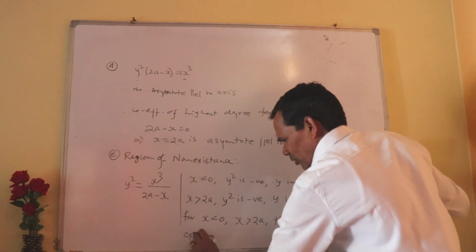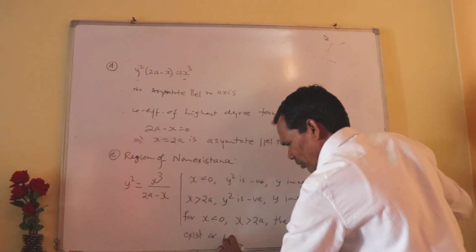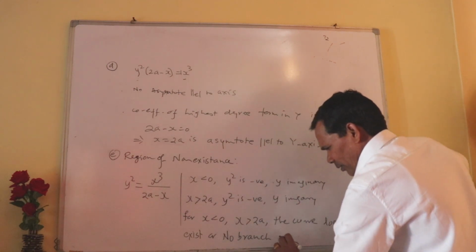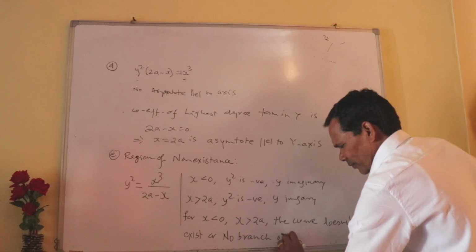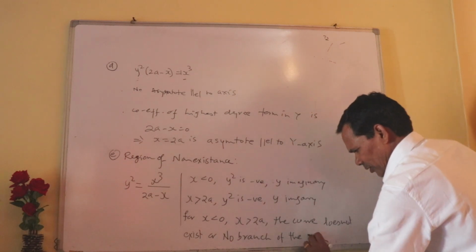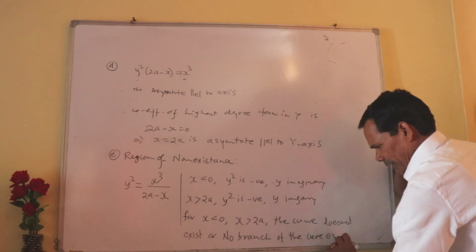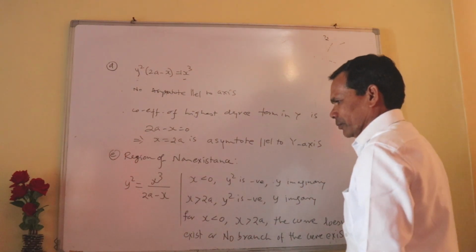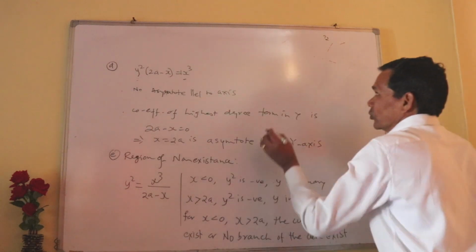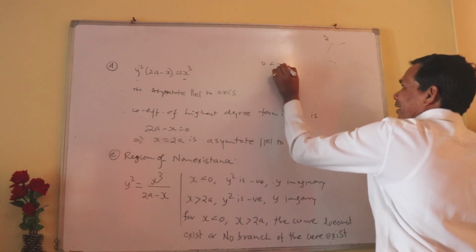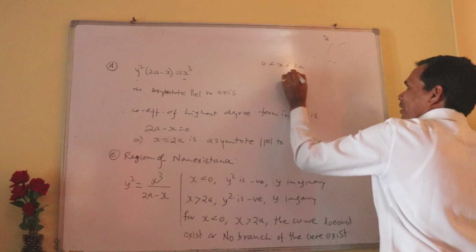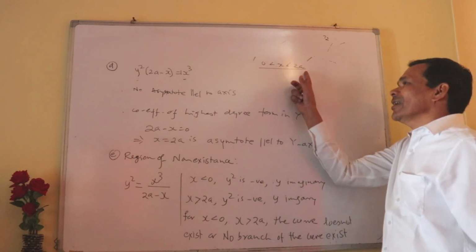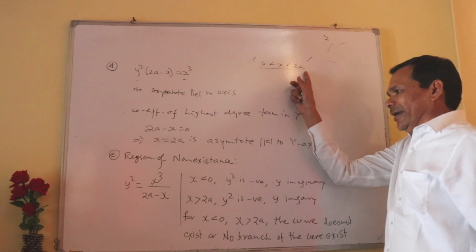No branch of the curve exists there. So the curve exists only for 0 less than x less than 2a. For x less than 2a and x greater than 0, the curve exists.